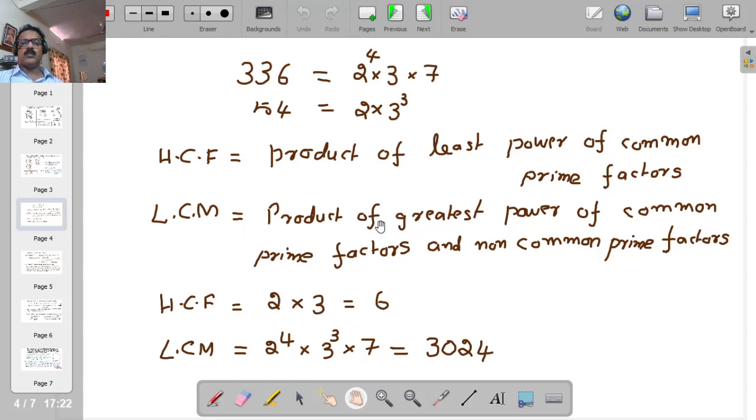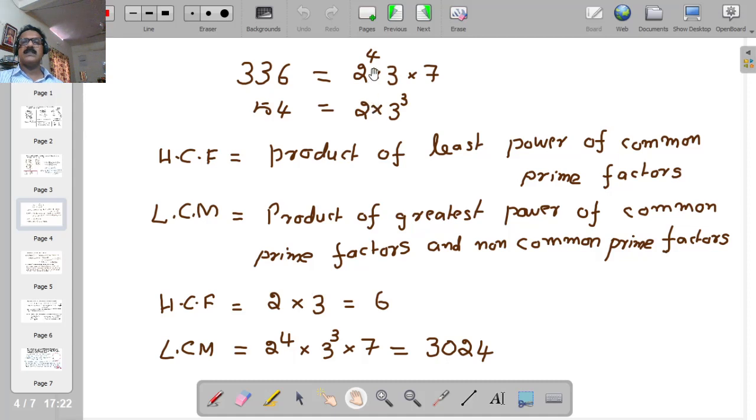And the LCM is equal to the product of the greatest power of common prime factors and non-common prime factors. Here we have only one non-common prime factor, which is 7. Now we have to find the product of the greatest power of common prime factors and the non-common prime factors to get the LCM. So we have to multiply 2 raised to 4 times 3 raised to 3 times 7. We know that the power of 2 in 336 is 4 and the power of 2 in 54 is 1.